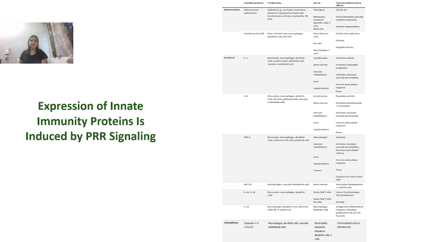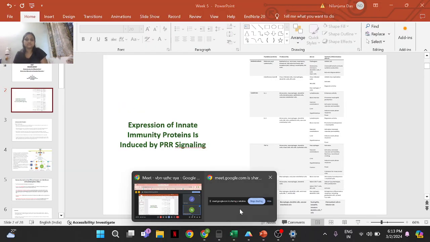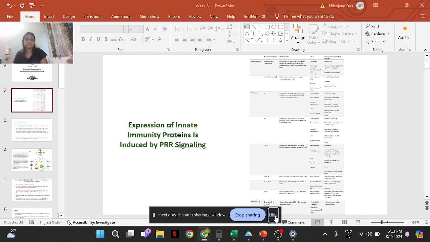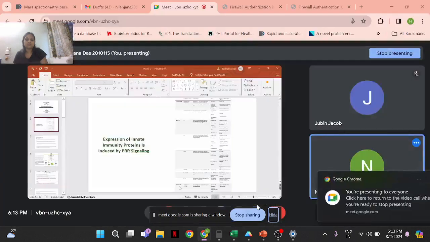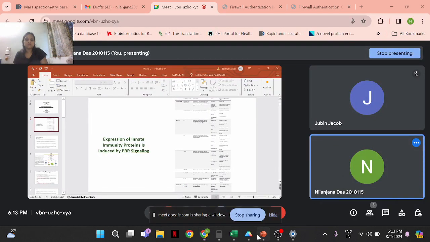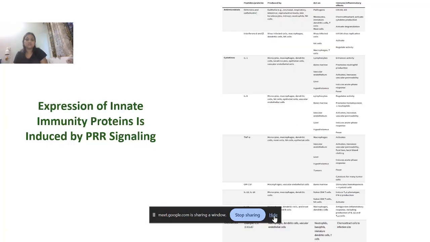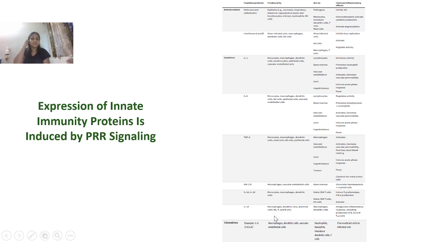As we can see, there are different kinds of proteins induced by innate immune signaling. There are antimicrobial peptides as well as proteins like defensins, cathelicidins, interferon alpha and beta.